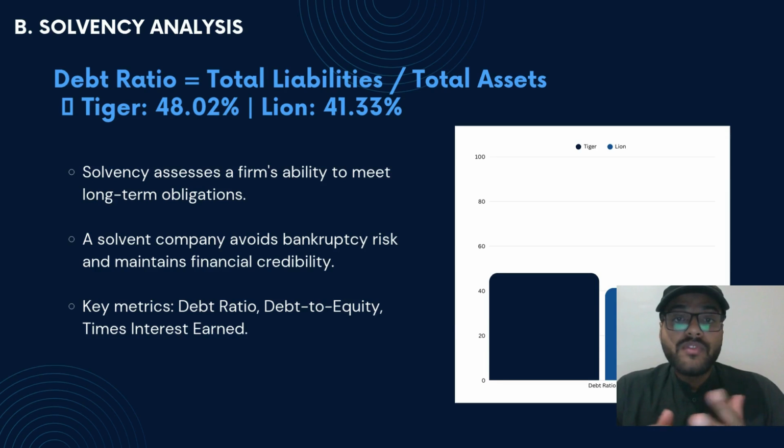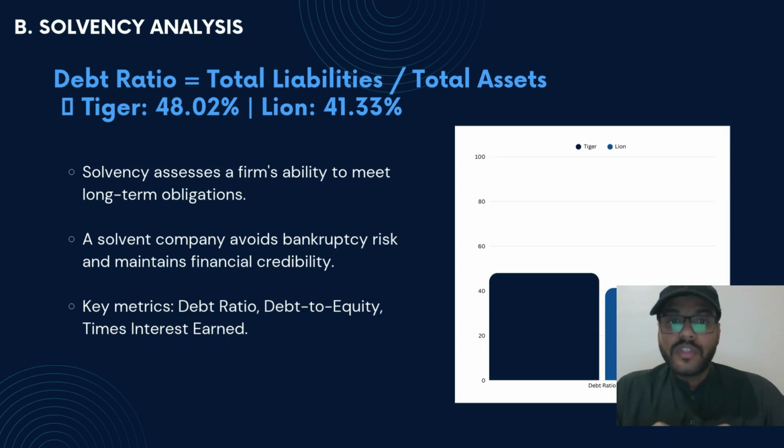First of all, let's begin with debt ratio. Debt ratio is calculated as total liabilities divided by total assets. So this ratio shows what portion of a company's assets is financed by debt. A lower debt ratio indicates lower financial risk.